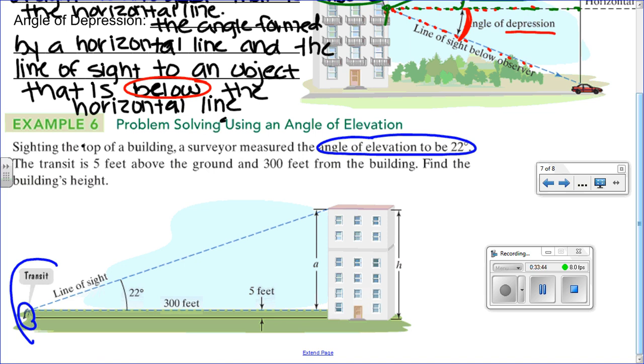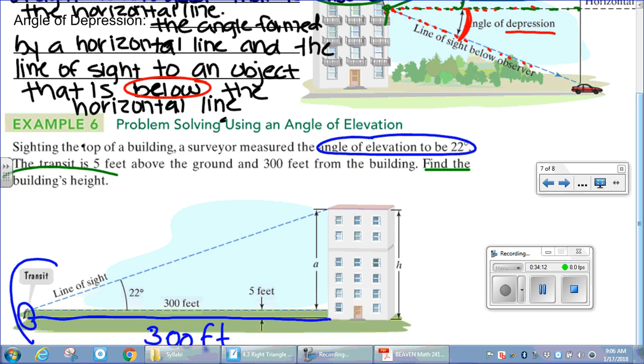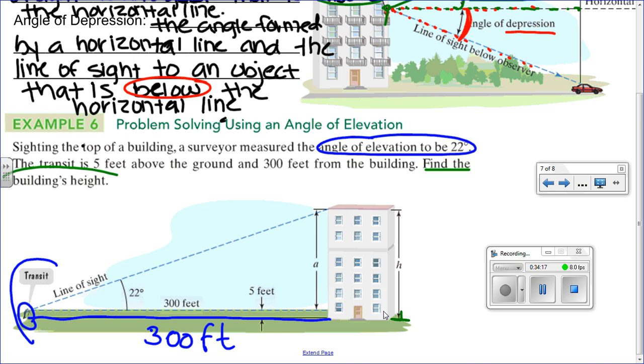The transit is 5 feet above the ground and 300 feet from the building. So from here all the way to here is 300 feet. And what we need to find is the building's height, from here to the top of the building.